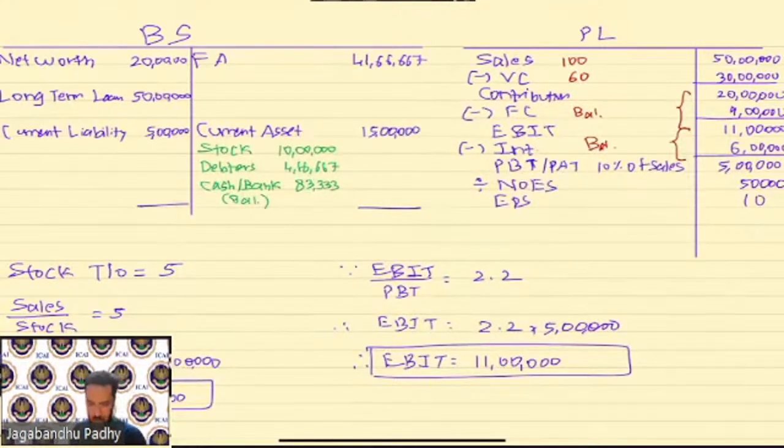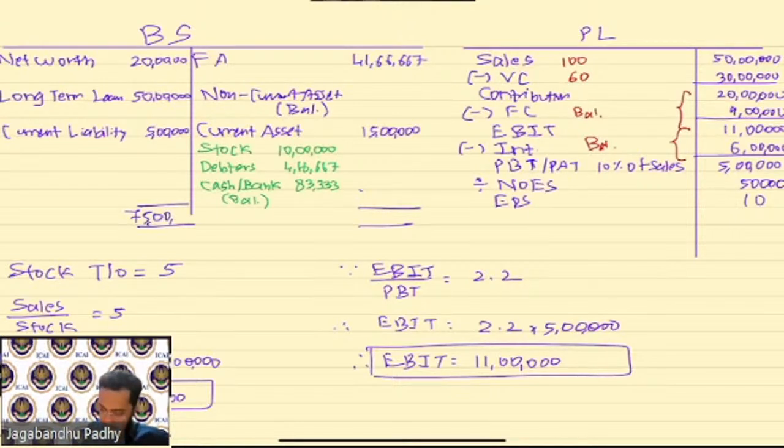So this is not tallying definitely. So whatever is not tallying, maybe there are some investments or some non-current assets. If it is not tallying, definitely there is some non-current asset which I have to take as a balancing figure. So my balance sheet on this side is 75 lakh. On the other side also it should be 75 lakh.